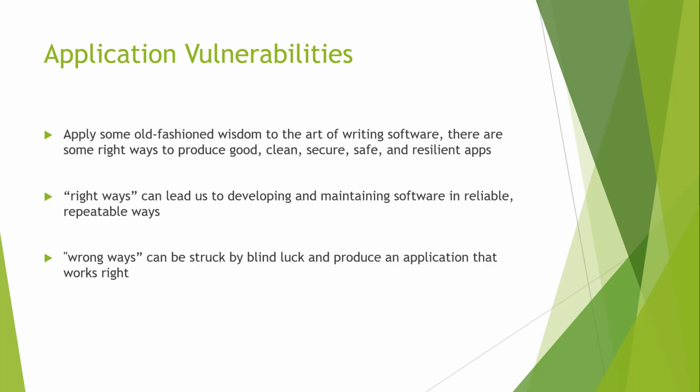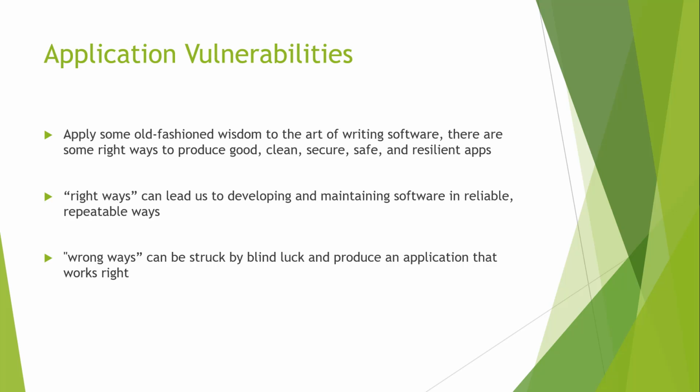When it comes to any type of software, person, or object, there are vulnerabilities. Our book, this chapter, focuses on application or app development. So the application vulnerabilities will apply to the same old wisdom of any type of written software, and that is there are some right ways to produce code and some wrong ways. The right way is developing and maintaining the software in a reliable and repeatable way.